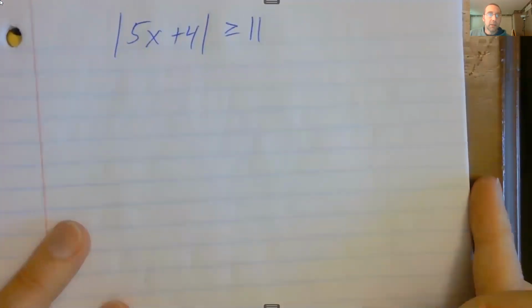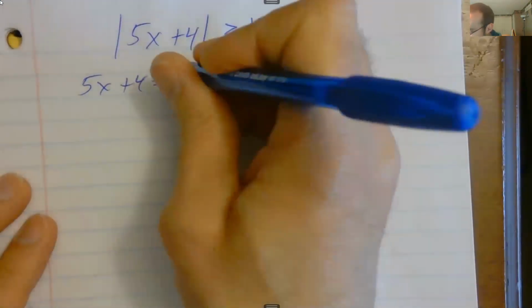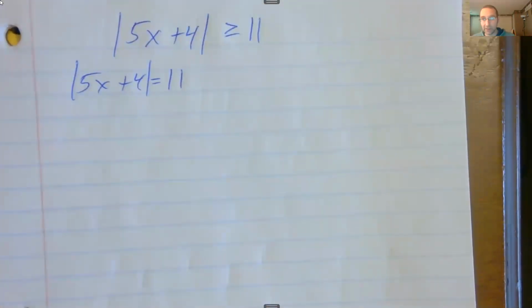All right, so let's tackle one more example here. I'm going to go through the same process. Here's our problem for this one. The absolute value of 5x plus 4 is greater than or equal to 11. Remember, the first step in all of this is we're going to take 5x plus 4 and make it equal 11. So the absolute value of 5x plus 4 is equal to 11. No longer an inequality. Now we just have an equation.